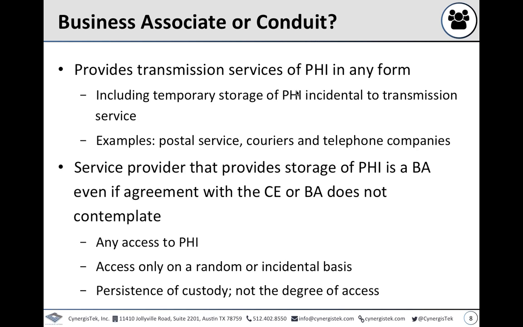And in the original privacy rule, there was a discussion of defining a conduit or carving out an exception to the business associate rule for entities that handle PHI but really don't have access to it. And in the original privacy rule, they used examples like the Postal Service or a package delivery service like UPS. And they also used storage companies.